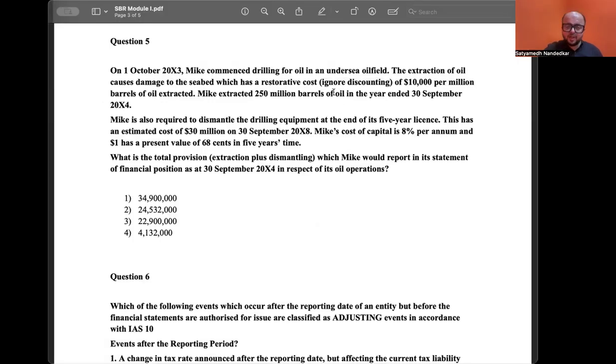They have specifically mentioned that it has a restorative cost of 10,000 per million barrels, and they have said ignore discounting. But look at the second part of the question. Mike is also required to dismantle the drilling equipment at the end of its 5-year license. This has an estimated cost of 30 million on 30th September 2008. Mike's cost of capital is 8% and 1 million has a present value of 68 cents in 5 years time.